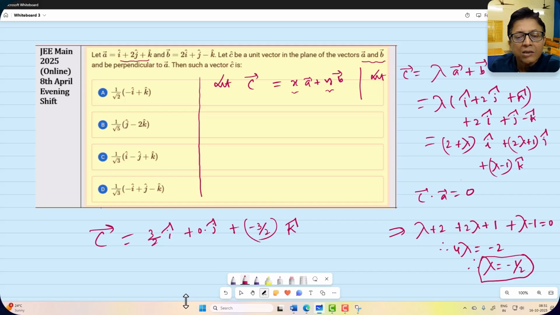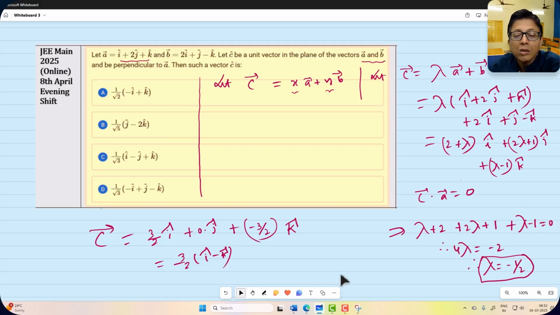Clear? Therefore, such a vector can be taken as 3 by 2 (i minus k). Now the problem is that no 3 by 2 is given over there. What to do? How to decide it? I minus k, you can take plus minus over there. That will not be a problem here. But the thing is that it is not given in this form 3 by 2. So what to do?